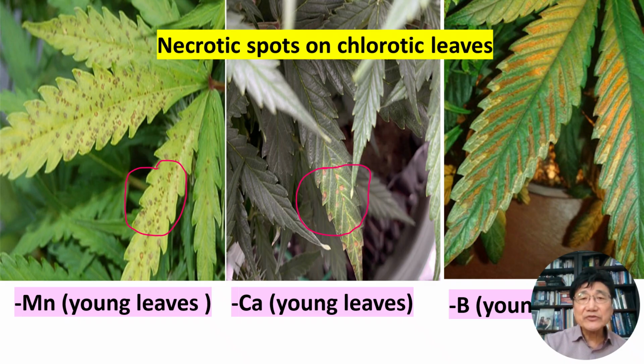Manganese and calcium deficiencies show necrotic spots on the chlorotic leaf. Manganese deficiency is generally found in young leaves. The leaf tissues turn yellow with small areas of tan or brown dead tissue.